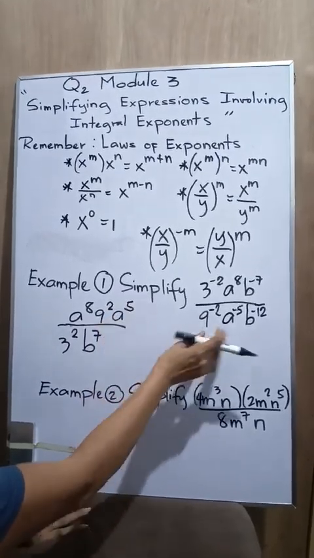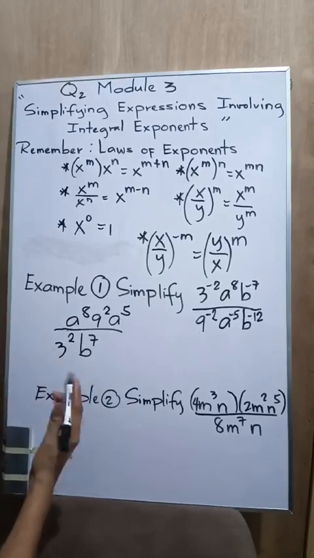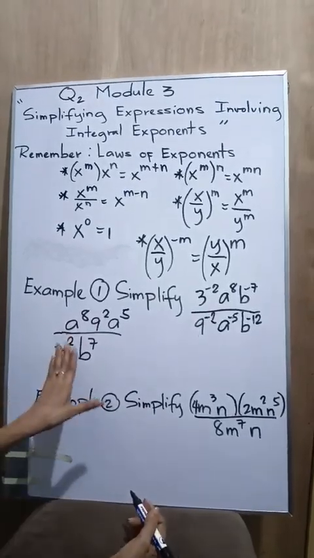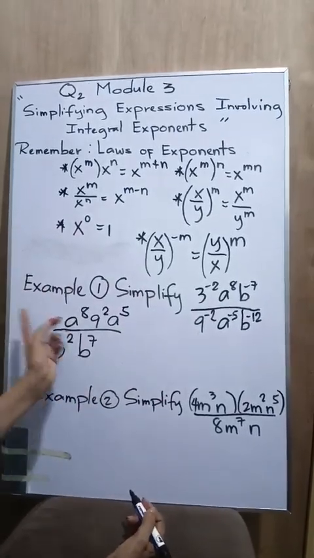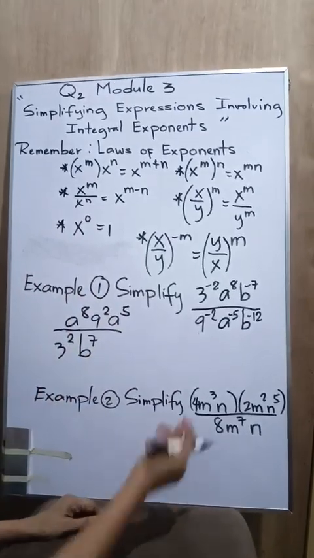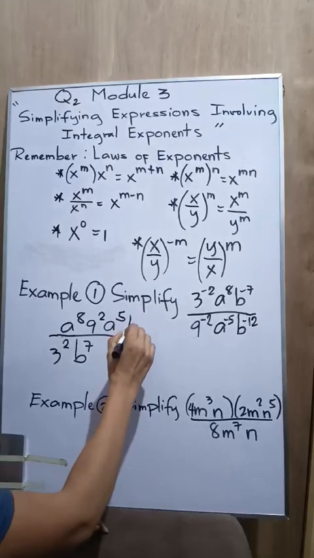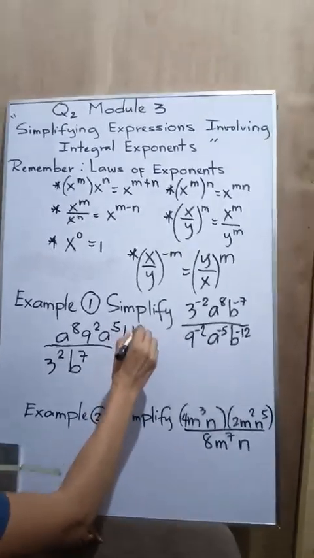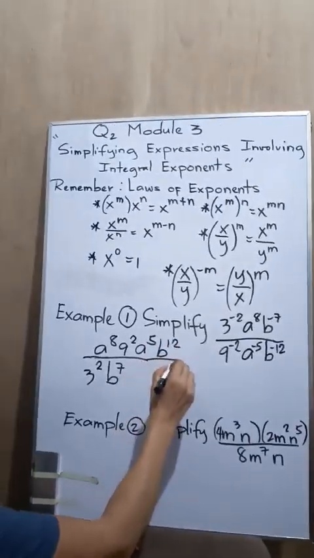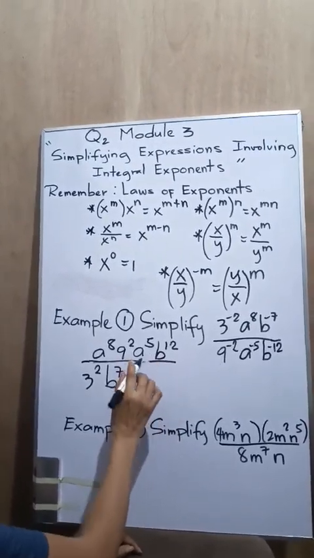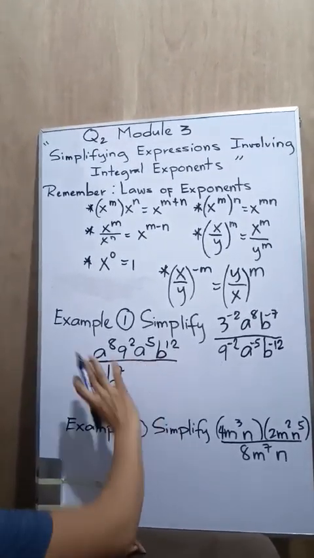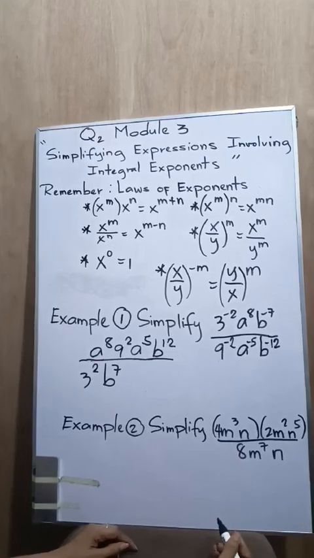The negative becomes positive because you switch from denominator going to numerator, the numerator going to the denominator when it comes to negative exponent. And b becomes positive, but also numerator. After that, we have to apply based on the laws of exponent.